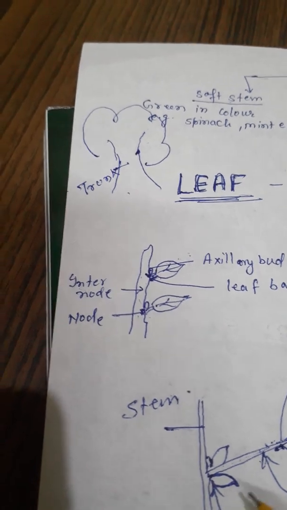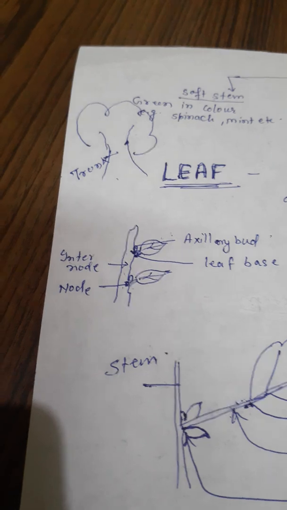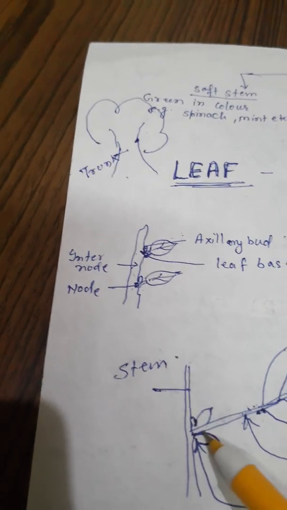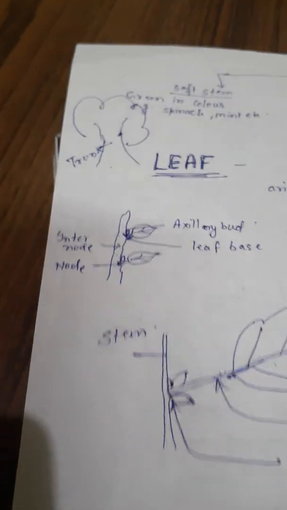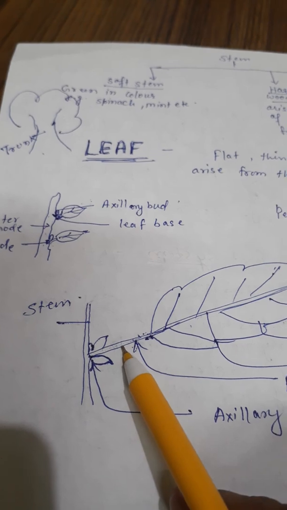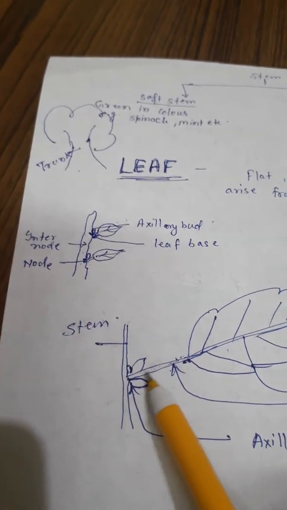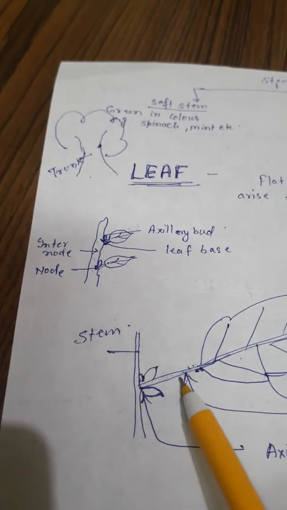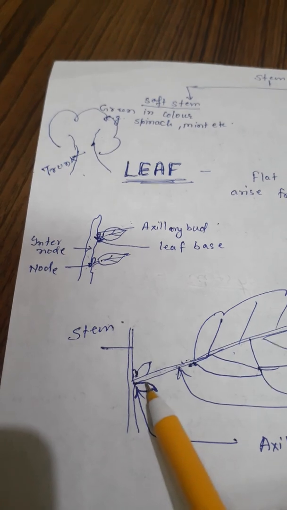It is slightly swollen. Second, leaf stalk or petiole. This structure is leaf stalk or petiole. Leaf is attached on the node by a stalk called petiole.